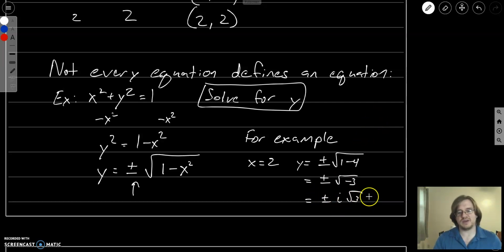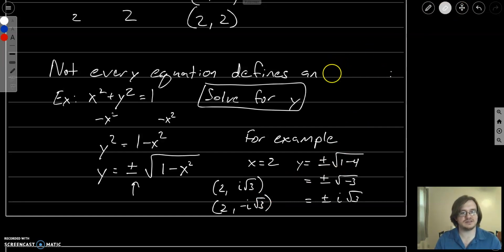But I have a plus or minus here. So when x is 2, I could have y is i times the square root of 3, or I could have y is negative i times the square root of 3. And we can see that because we get plus or minus, 2 is related to two things. So this is not a function.